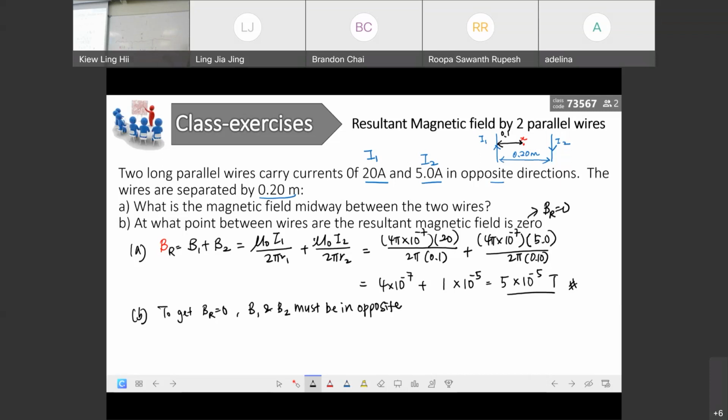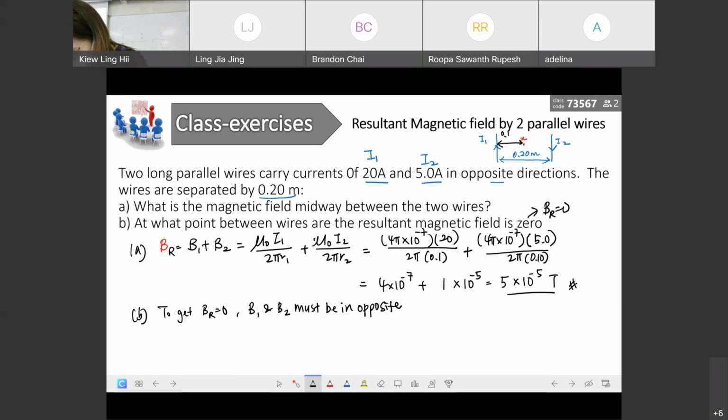At region C, B1 is into the screen. B2 is coming out from the screen. So it is either at region A or region C where you will get BR equal to 0.